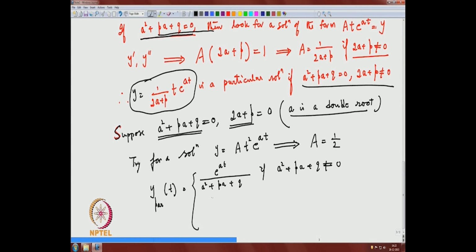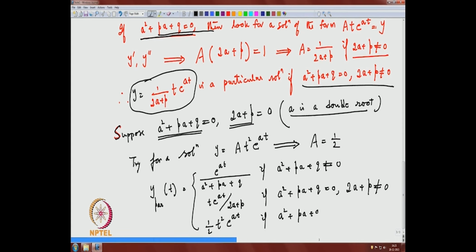You will have the solution t e power a t by 2a plus p, if a square plus p a plus q is equal to 0 but 2a plus p is not equal to 0. And you have half of t square e power a t if both are 0. So, it completes the analysis.